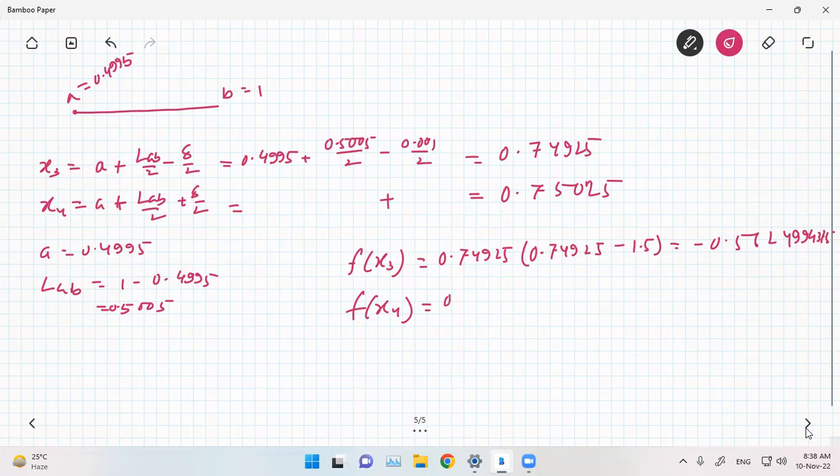And here, 0.75025 minus 1.5 will give us minus 0.5624999375. As you can see, the values are different, but almost very close to each other. That is why we said we have to take a larger number to differentiate the values.